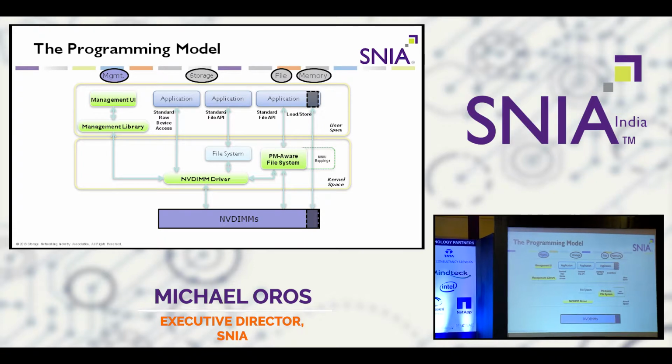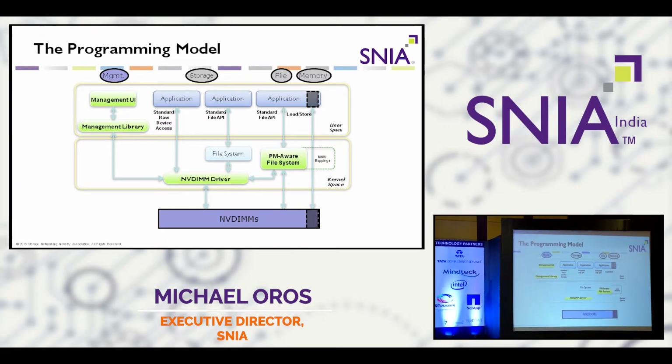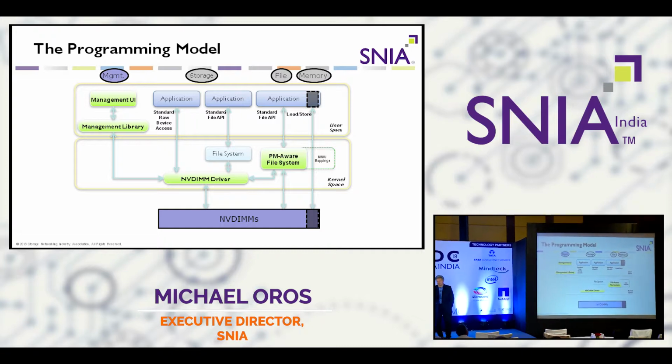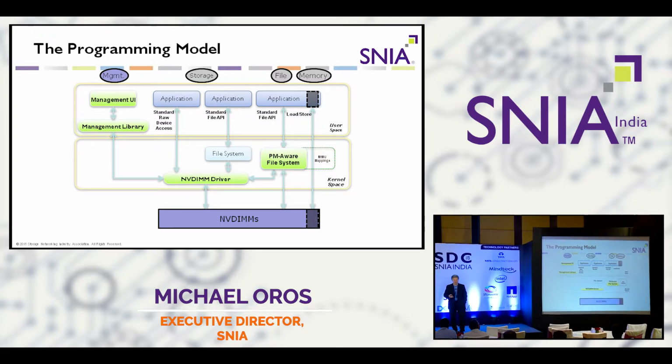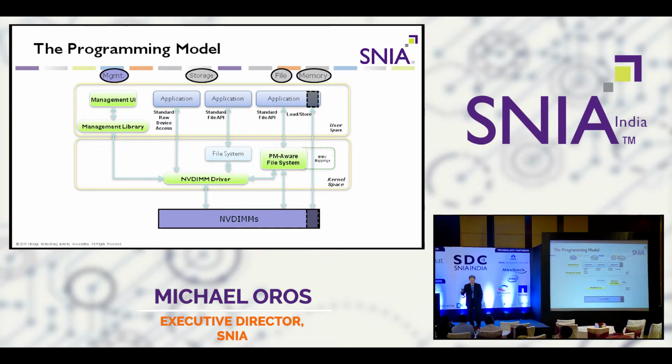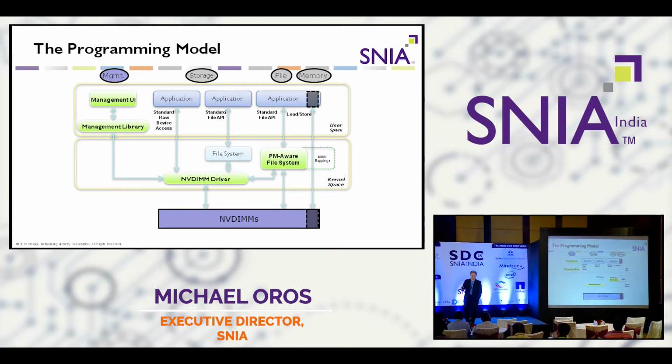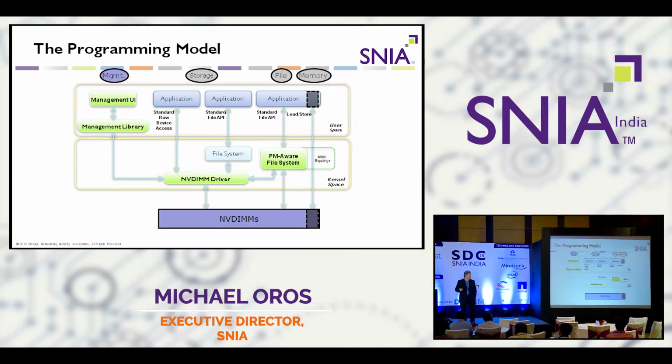So the question first is, okay, I have a persistent memory DIMM. I've put it in my system. How does my system actually know that that DIMM is a persistent memory DIMM versus just a generic DRAM DIMM in that slot? So there's work that was done that gives that identifier to the system to identify it.